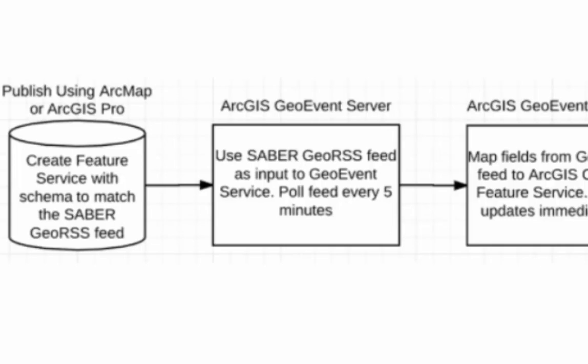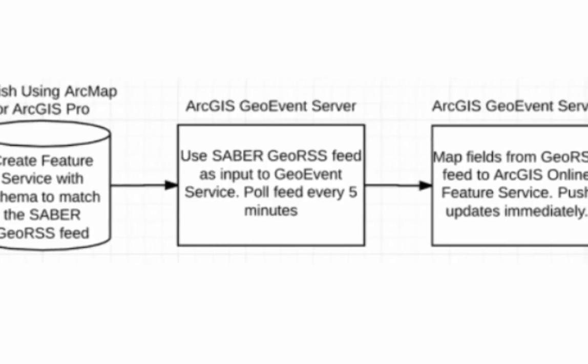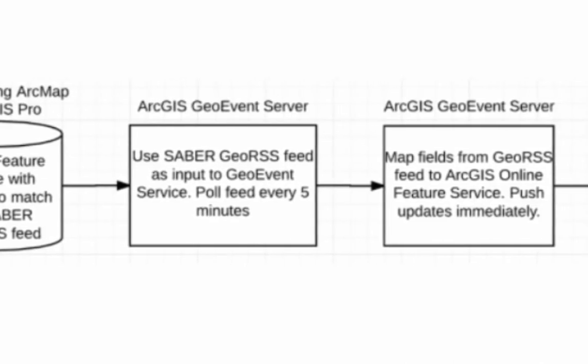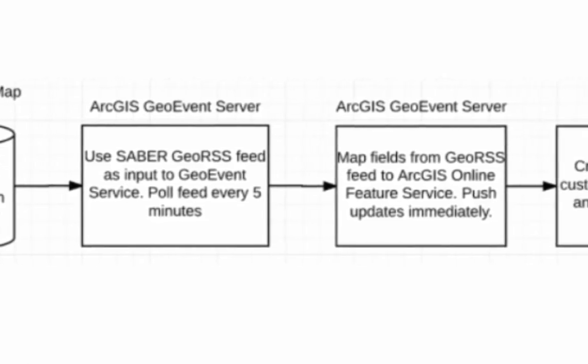And we set it up to only receive new data. That way we didn't have duplicates in the data source. So from there, while we're in Geo Event Server, we're able to map the fields that are in the Geo RSS feed over to the ArcGIS Online feature service.